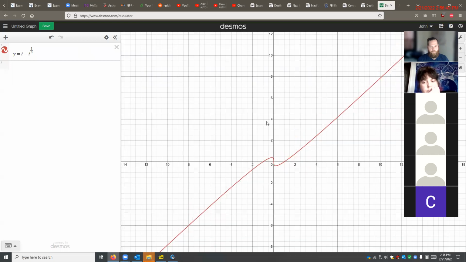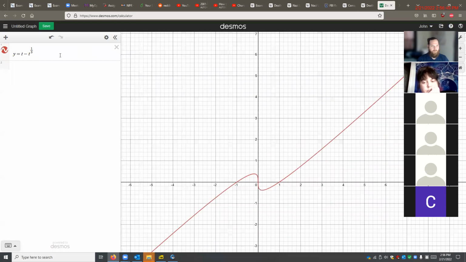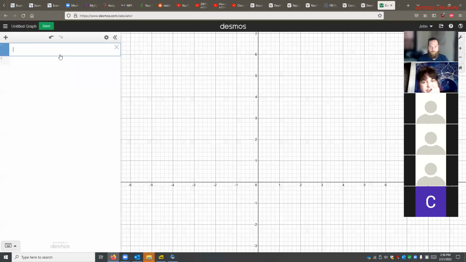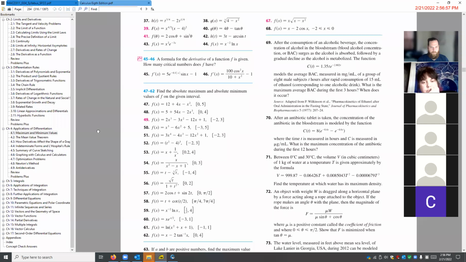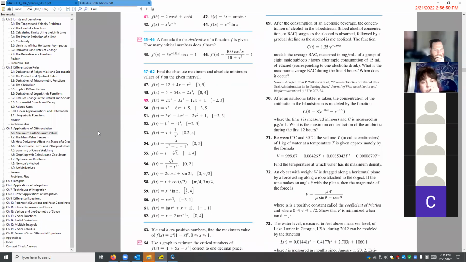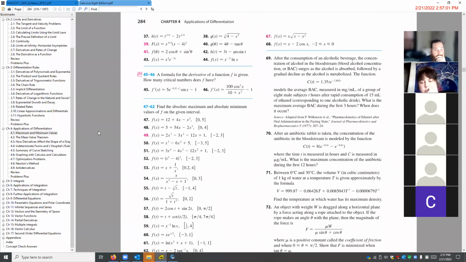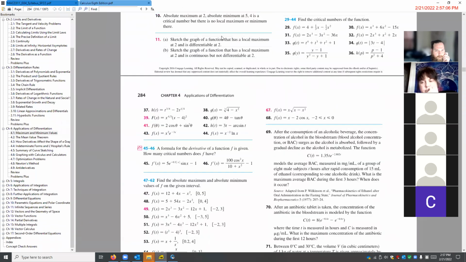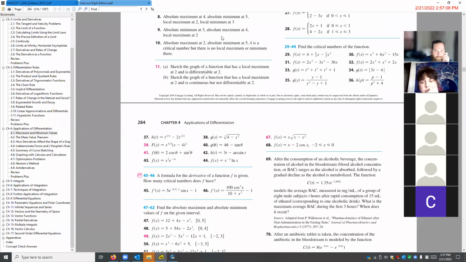Yeah, no cusps here. We're going to have to do the bad one, aren't we? This was x times square root of x squared. Well, no cusps here either. Okay, maybe you don't have any cusp problems in here. If that's the case, maybe I don't need to beat you up about it. 38 will do it, won't it? No, they're just looking for critical numbers.